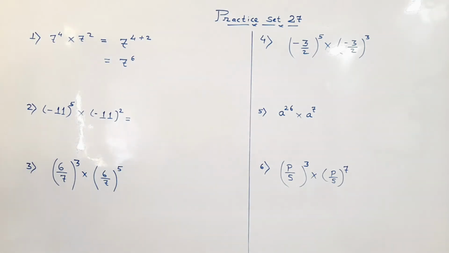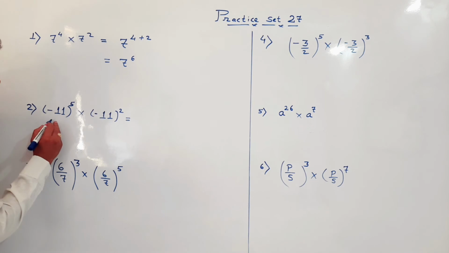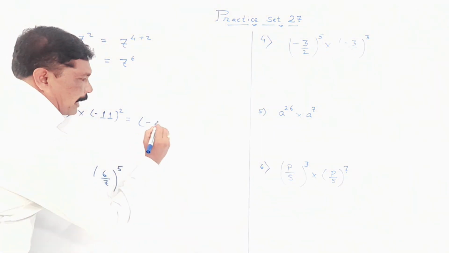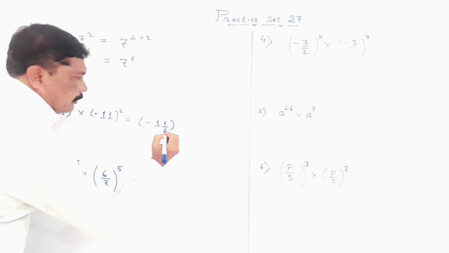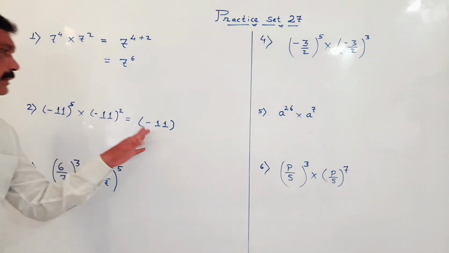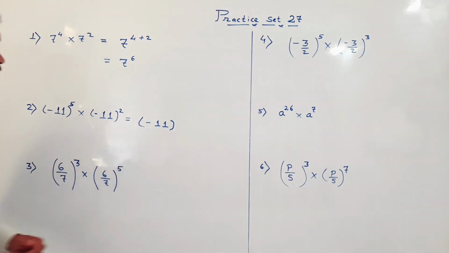Now my dear student, if you consider the next problem, here you will see the base is the same, that is minus 11. There are two indices having the same base, minus 11.